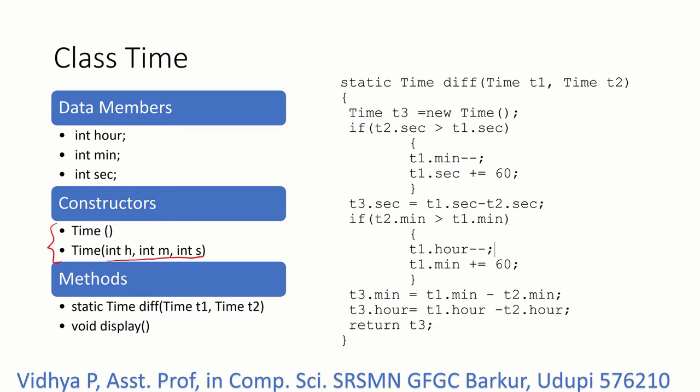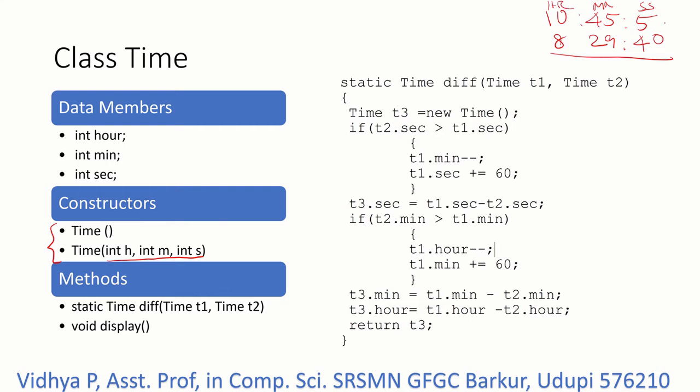And how to calculate the time difference? Imagine you are going to subtract two time components, say 10, 45 and 5, minus 8, 29 and 40. Now this is seconds, this is minutes and this is hour.